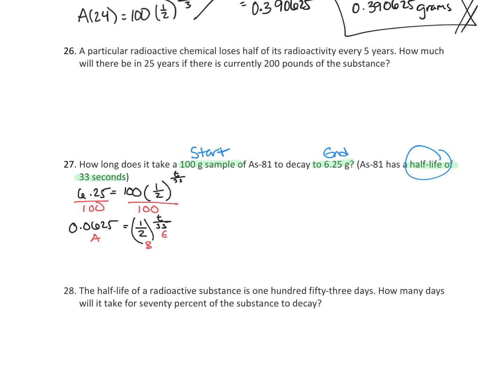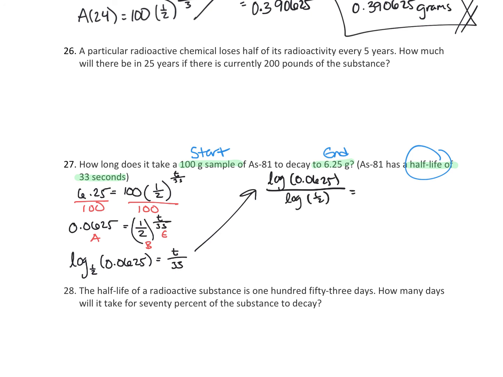But this ultimately is going to give us log base 1/2, or you can also use 0.5, of 0.0625 is equal to t over 33. And unlike our compounding continuously problems, we will have to use our change of base formula. So we end up with log 0.0625 over log of 1/2 is equal to t divided by 33.